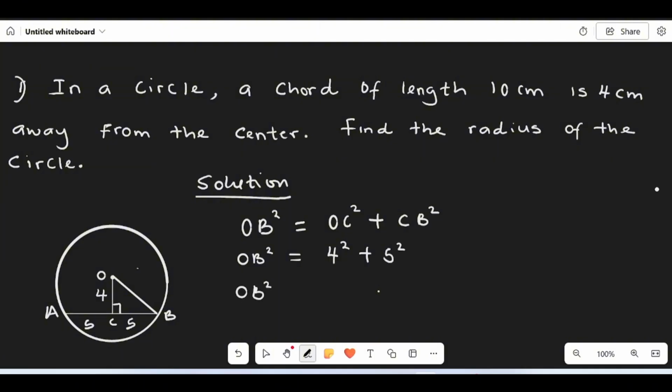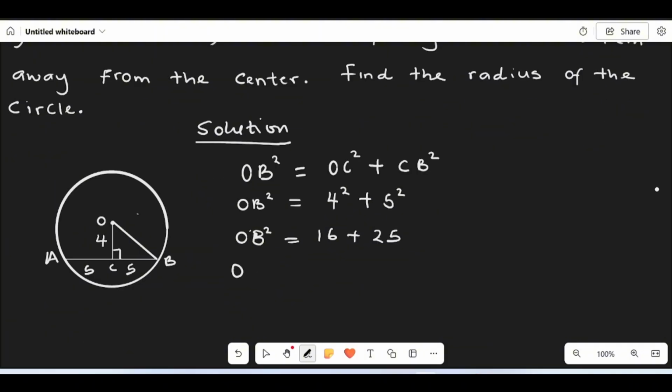OB square equals our 4 square is 16 plus our 5 square is 25. OB square equals 16 plus 25, which gives us 41.